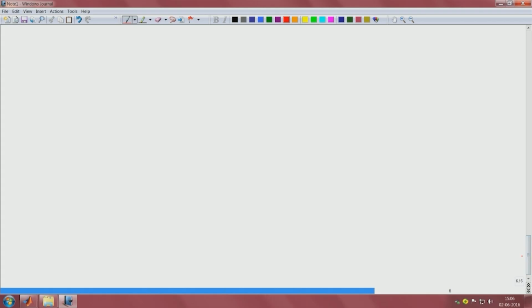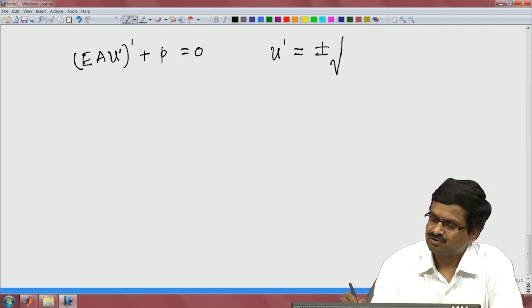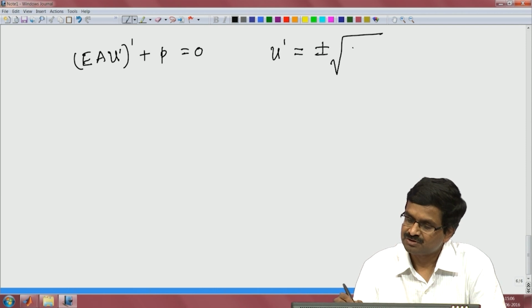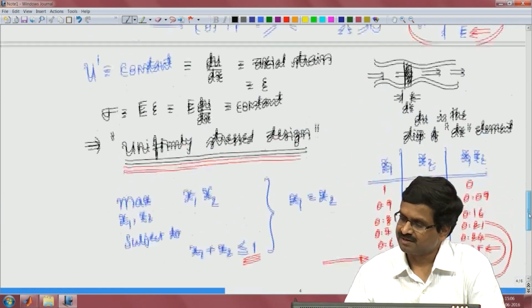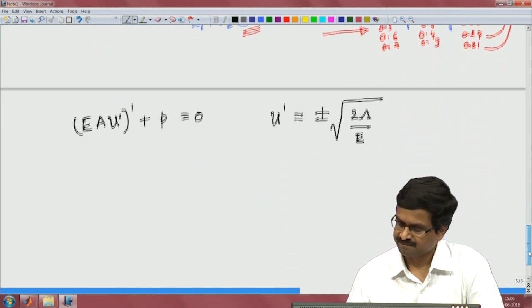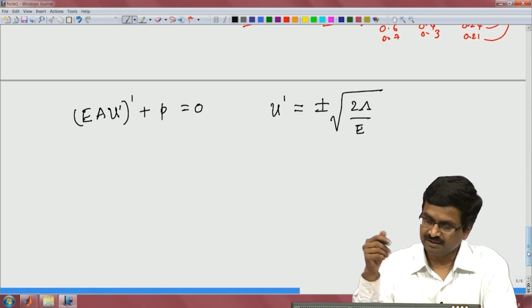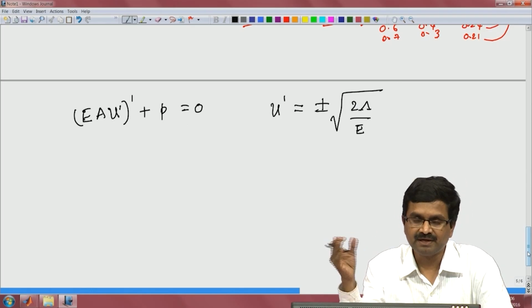So, into the governing equation, which is E A u prime plus p equal to 0, and we have u prime equal to plus or minus square root of 2 lambda by E, right. We can take either, that depends on the kind of boundary condition that we will take, that will come later.